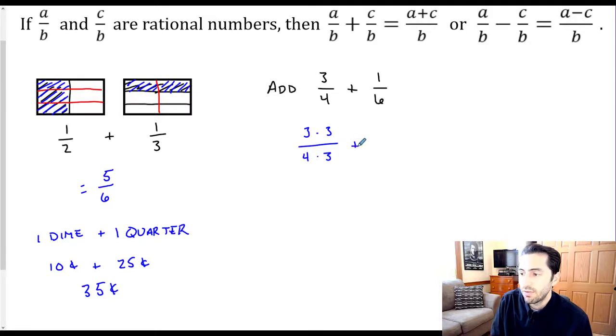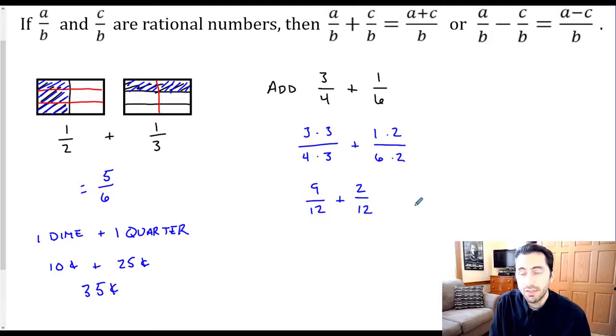And in the second fraction, if I want this to be 12, we need to multiply top and bottom by 2. So we'll do 1 times 2 in the numerator and 6 times 2 in the denominator. So we're creating equivalent fractions. This first one, we end up with 9 over 12. So 9 over 12 and 3 over 4 have the same value. We're just changing the size now. And then our second fraction, we have 2 over 12.